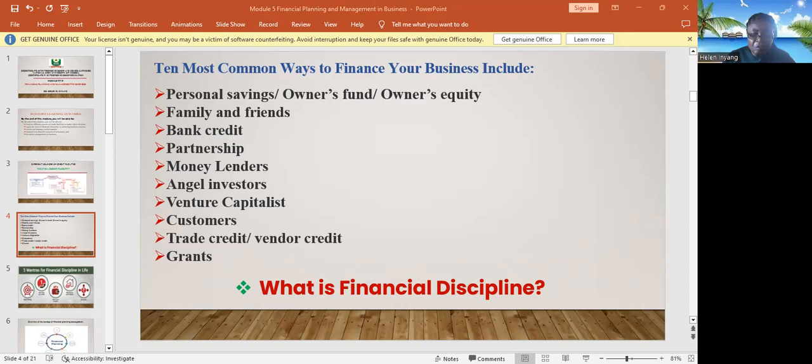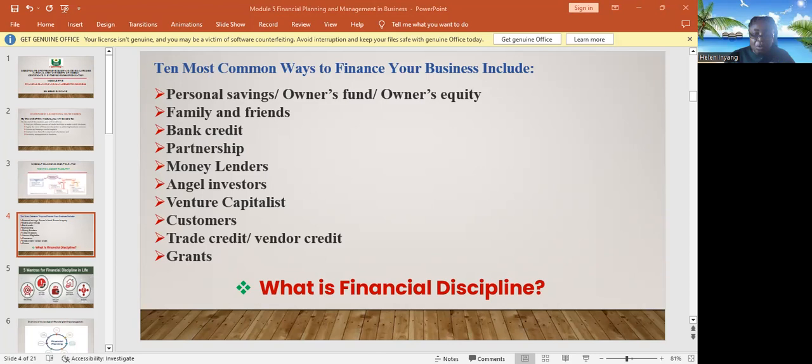You can also source funds from your customers. This source of funds is only viable if you have consistently built an excellent reputation in your field of business. If you have not built that reputation, there is no way you'll be able to source funds from them.